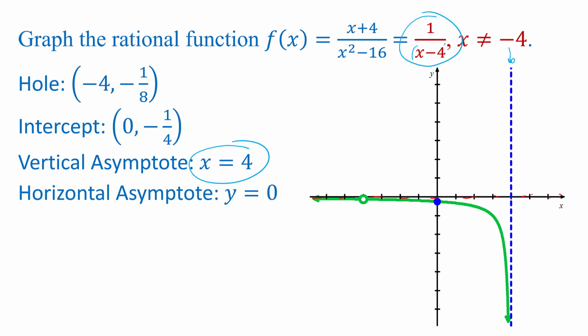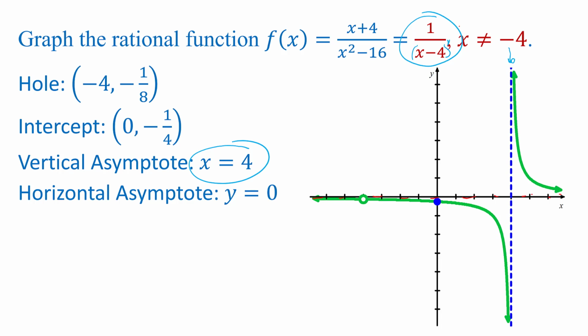That factor is raised to the odd power of 1, which tells me that the behavior of my graph on the left side, heading towards negative infinity, is going to change at that vertical asymptote. To the right of the vertical asymptote, my graph will be heading towards positive infinity as it approaches that vertical asymptote. And again, to the right, my graph is approaching the horizontal asymptote of y equals 0. So here we have the graph.